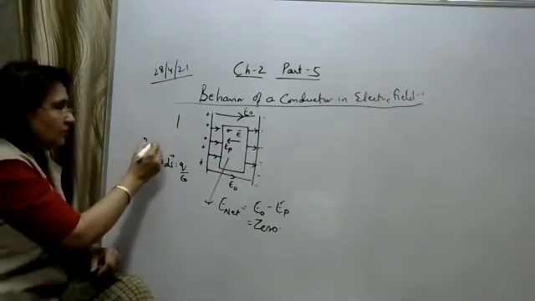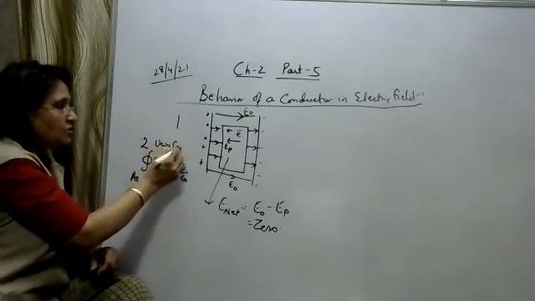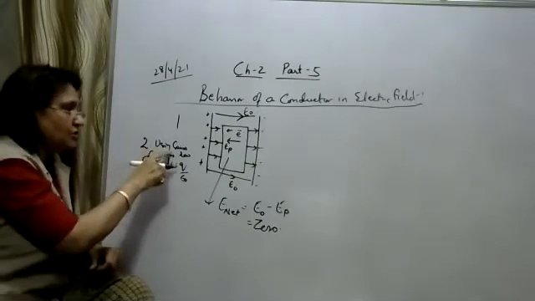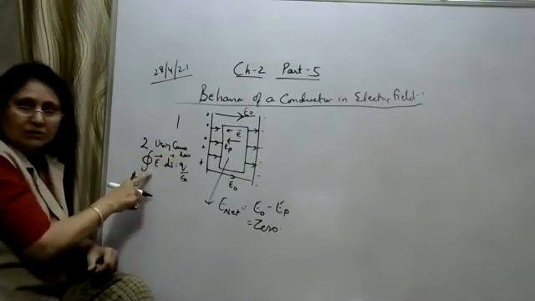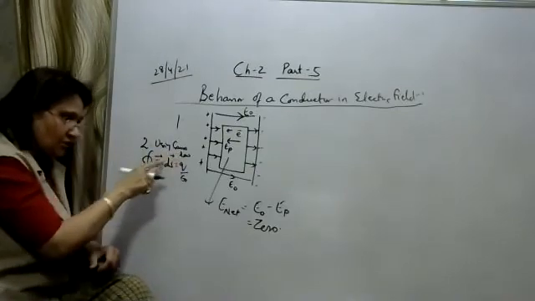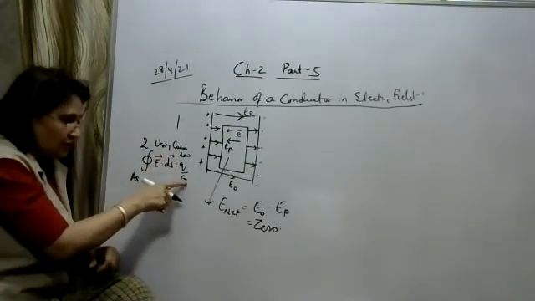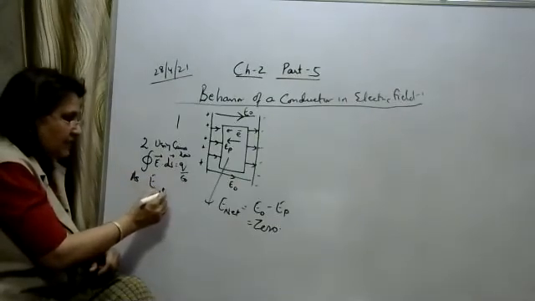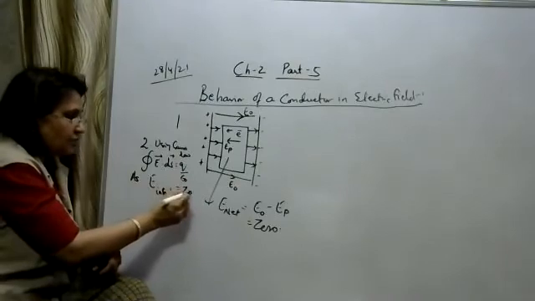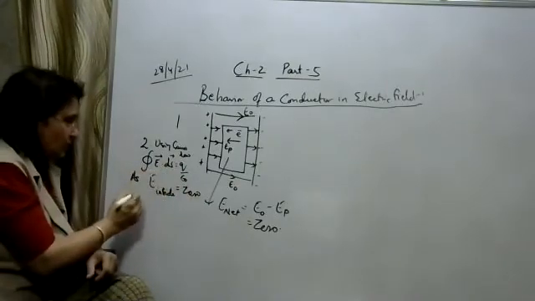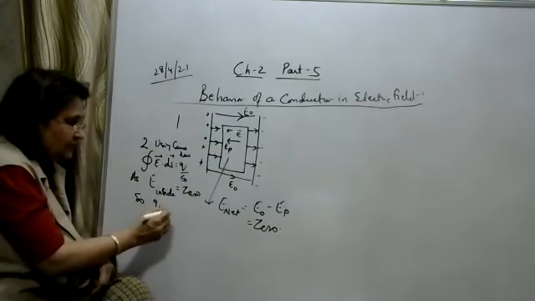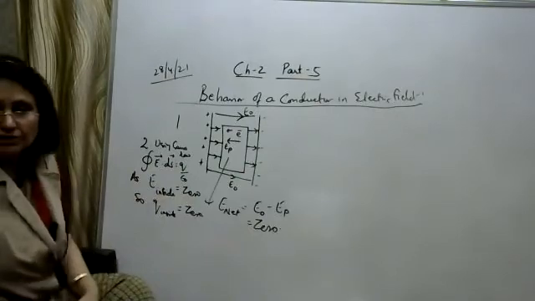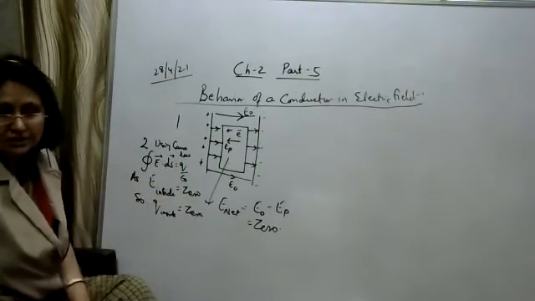Using Gauss law, the closed surface integral of E dot ds is equal to 0 as the electric field inside is 0. So the net charge inside the conductor is equal to 0. So there is no net charge inside the conductor.